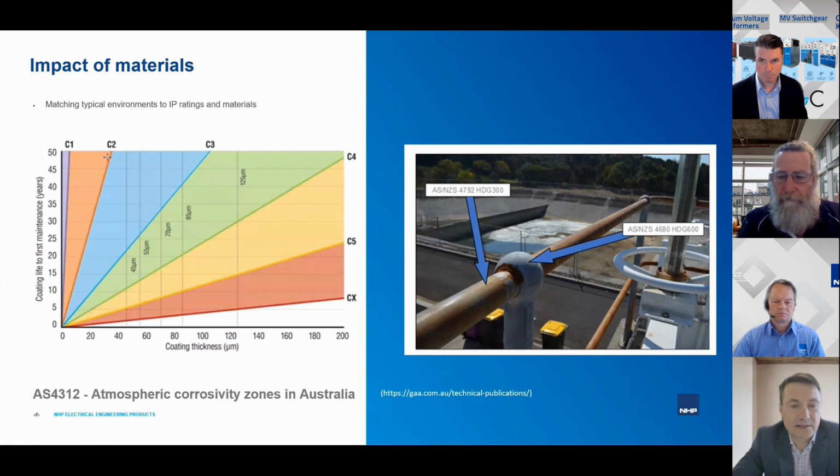What this report tells us is the rate of corrosion of zinc. So if you use the galvanized material for the enclosures like a Galvabond, or if you use a hot dip galvanized material for the plinth, which is typically used, this graph will show, depending on the thickness of the zinc layer and depending on the atmospheric corrosivity zone, how long that galvanized material is going to last.